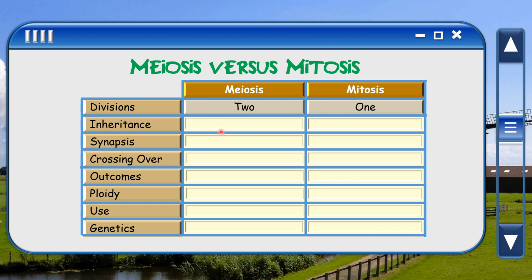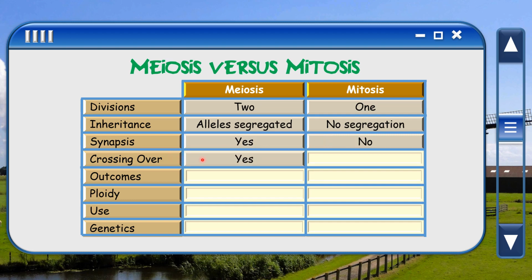When it comes to inheritance, in meiosis, alleles segregate, and in mitosis, there is no segregation. Synapsis, which forms crossing over, occurs in meiosis. In mitosis, there is no synapsis. Crossing over is present in meiosis and absent in mitosis.